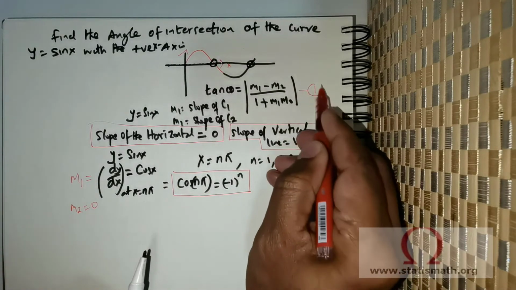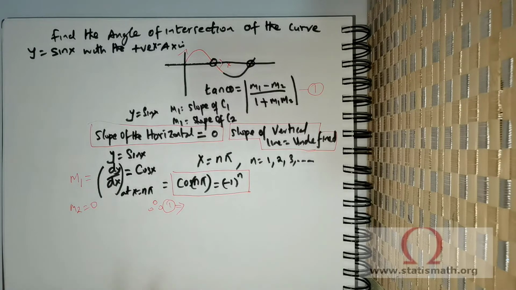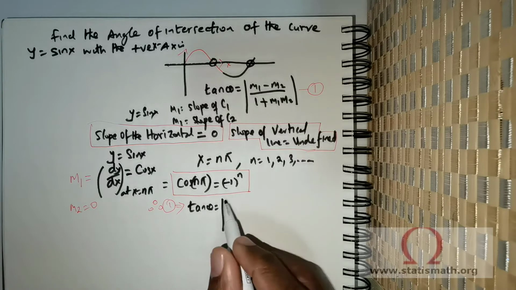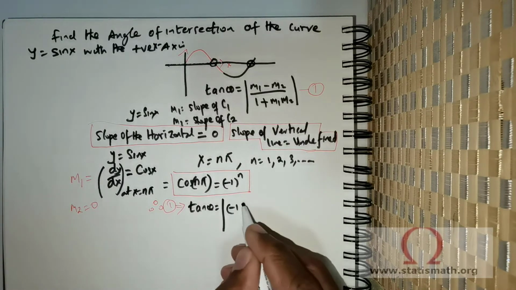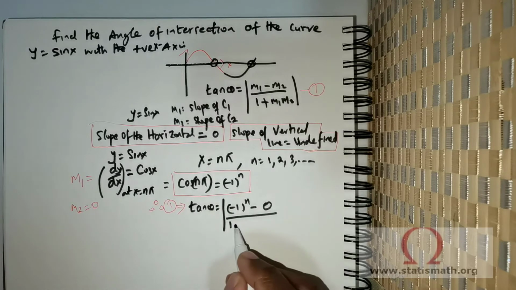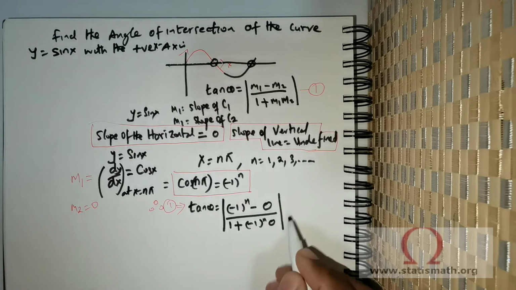So tan theta is equal to modulus of m1, which is negative 1 raised to the power n, minus m2, which is 0, divided by 1 plus negative 1 raised to the power n multiplied with 0.